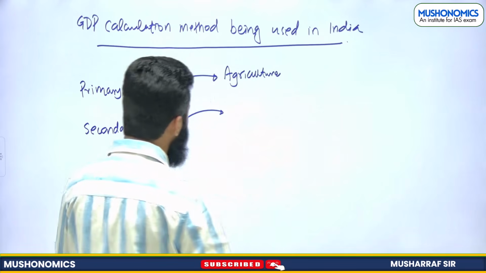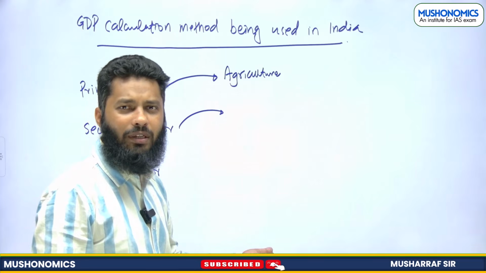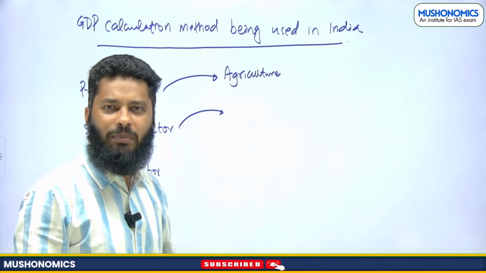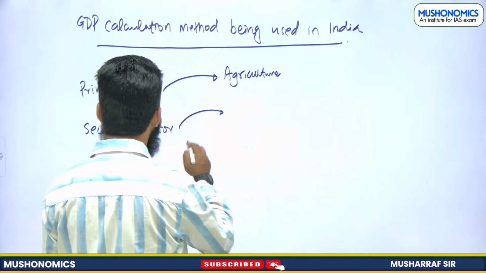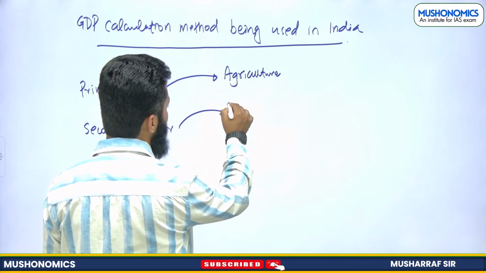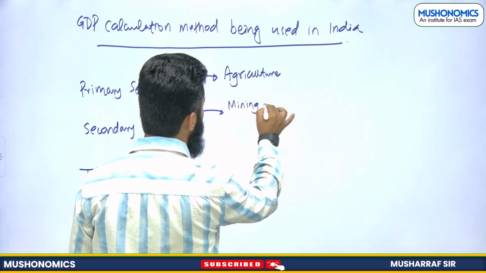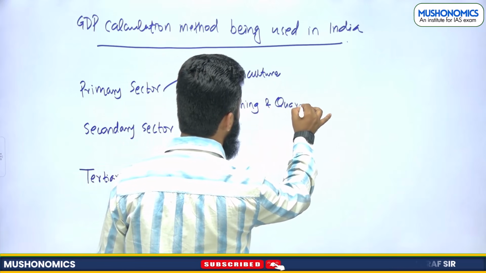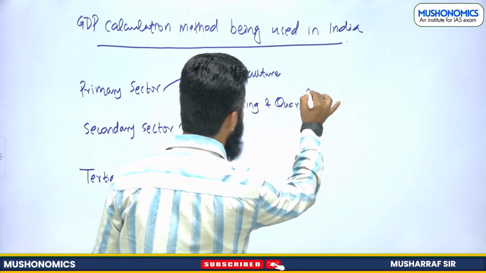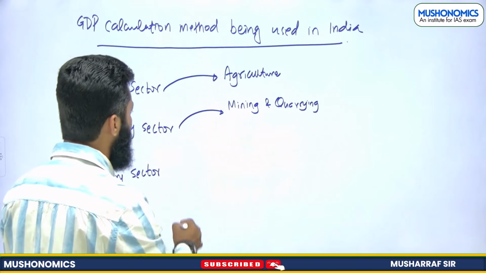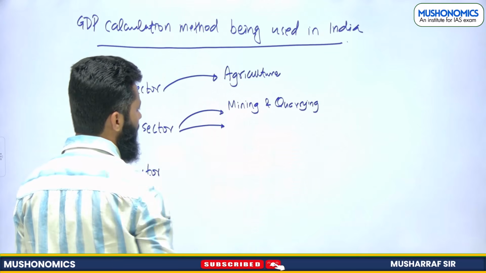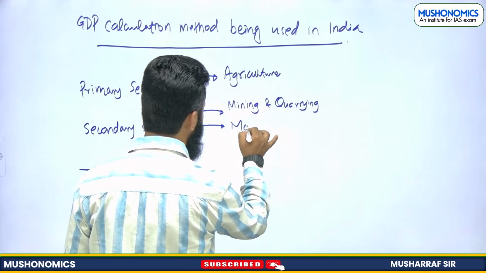Then secondary sector, I have to open it, because different methods are being used here. One component of the secondary sector is mining and quarrying. I will explain why mining and quarrying is under secondary sector. Then there is industry, that is manufacturing.